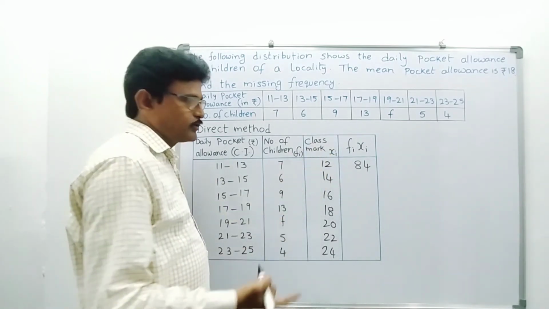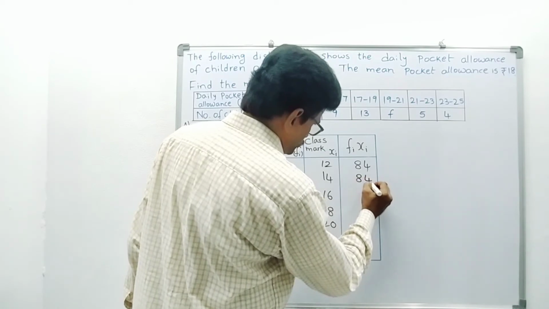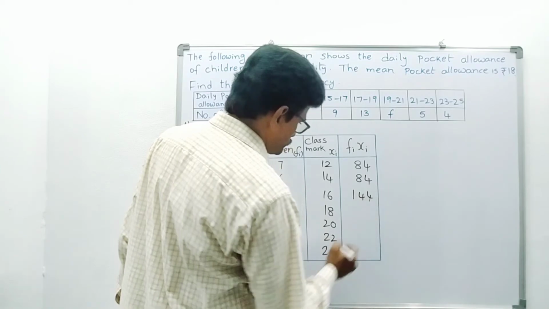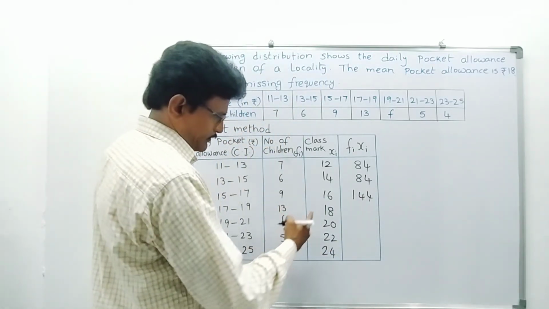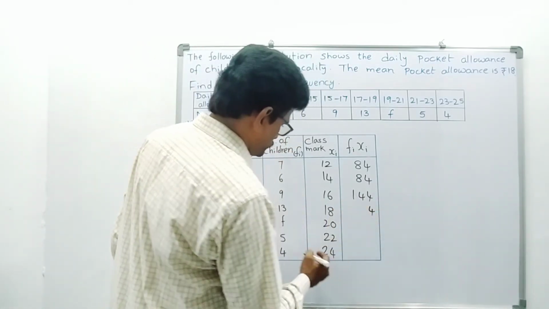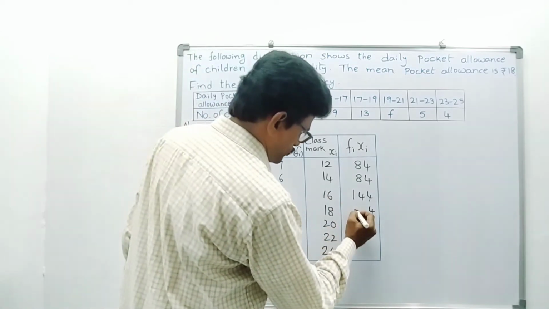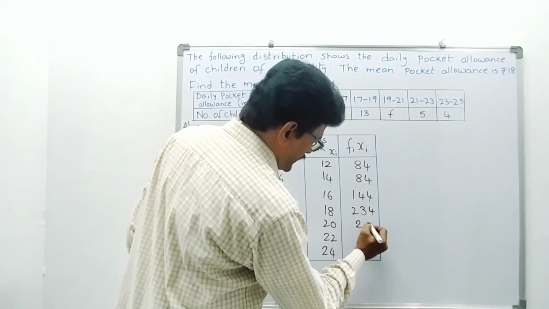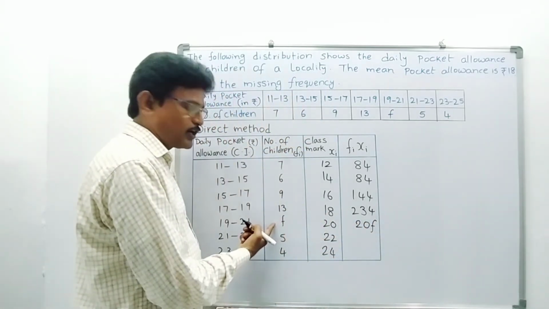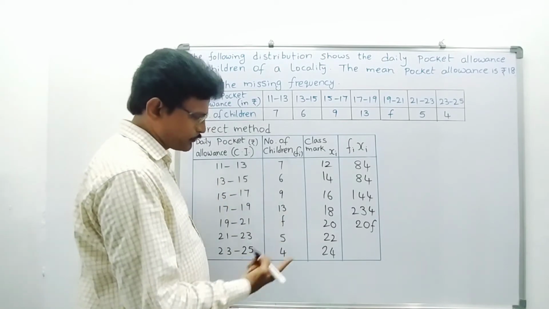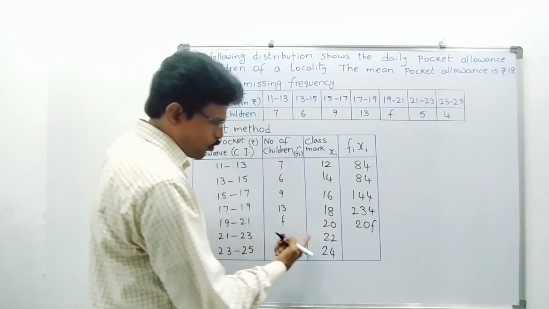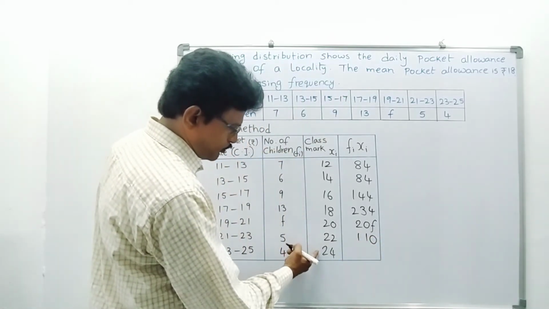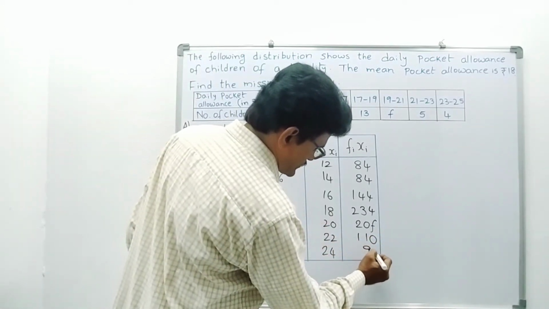Now 6 into 14, 14 sixes are again 84. 9 into 16, 144. 13 into 18, 18 threes are 54. 18 ones are 18. 5 into 22 is 110. F into 20, you have to write simply 20F. We don't know the value of F, so 20 into F is 20F only. Now 4 into 24, 96.